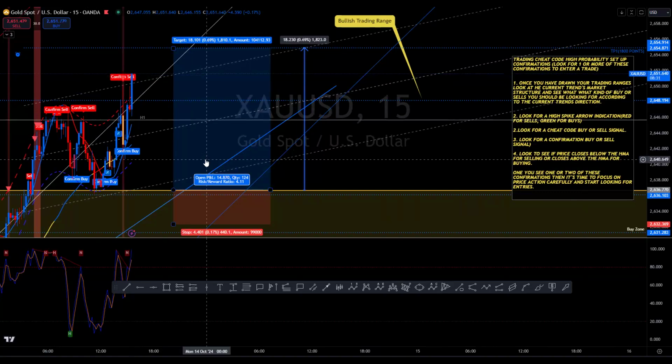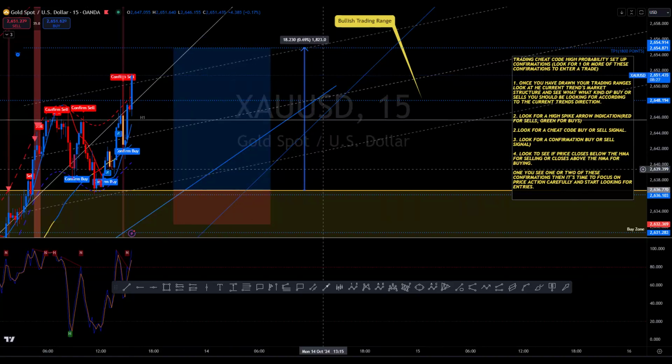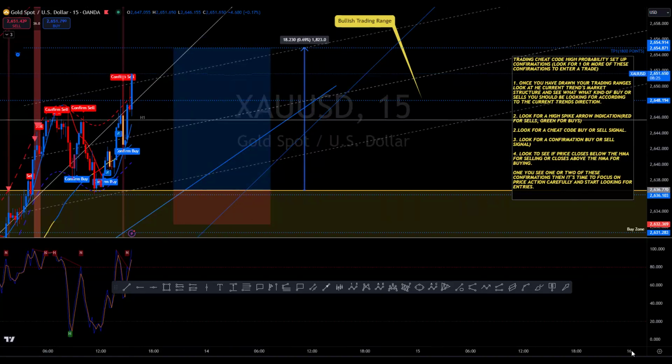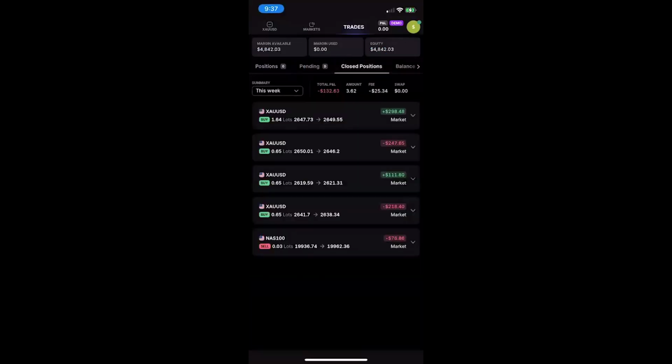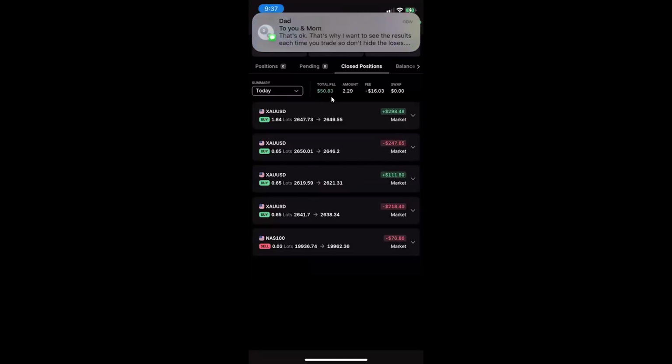Hold on. From the Trader Opera app, when we look at today, we made $50.83 after recovering this loss.